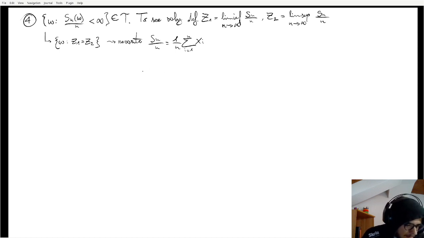Consider m. 1 over n, the sum from 1 to m of xi plus 1 over n, the sum from i equal m plus 1 to n of xi. Here is an n.